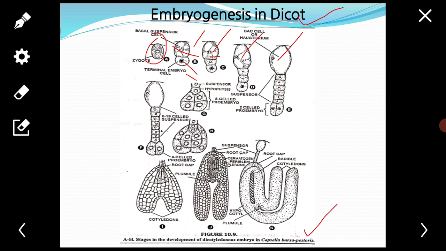The other cell divides by a variable number of transverse divisions to form a long suspensor consisting of a row of 7 to 8 cells.